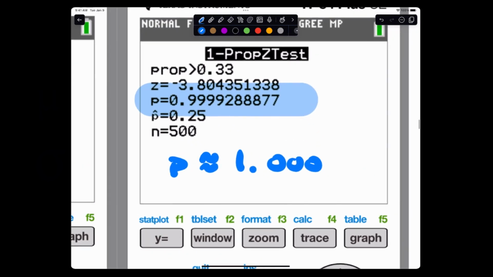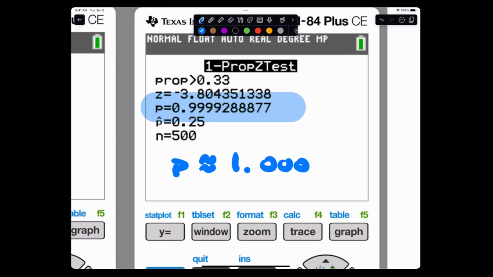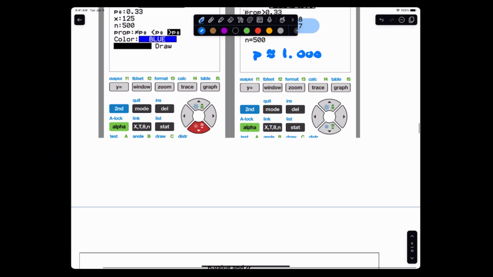Now, this is the probability that the null hypothesis is valid. So if it's approximately 1, it's almost certain. Remember those probabilities? A probability close to 1, that's what P is. It's a probability value. That's a probability that the null is valid. That's close to 1. So I guess that means we got to keep the null. Is that true?